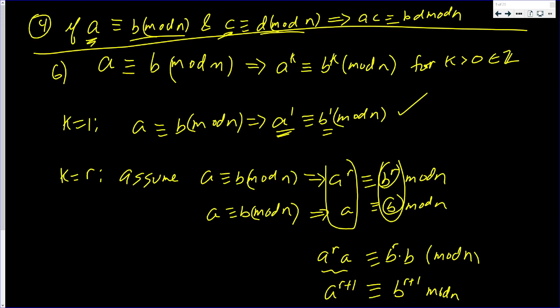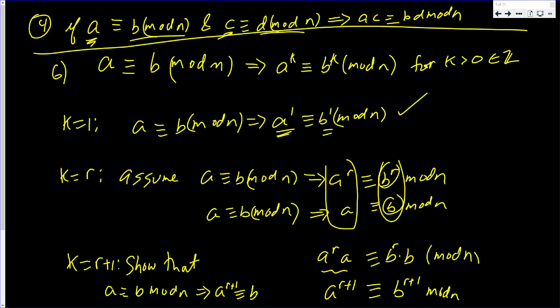And somewhere I had to say, when k is equal to R plus 1, show that A congruent to B mod n implies that A to the R plus 1 is congruent to B to the R plus 1 mod n.